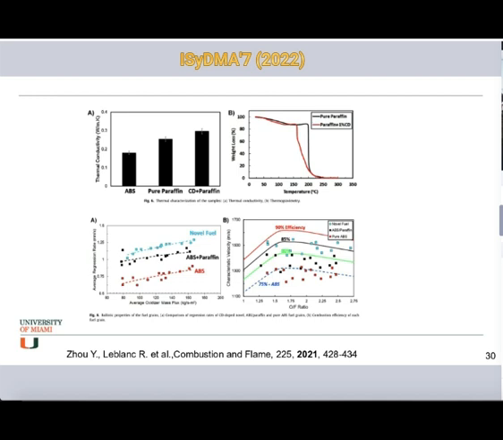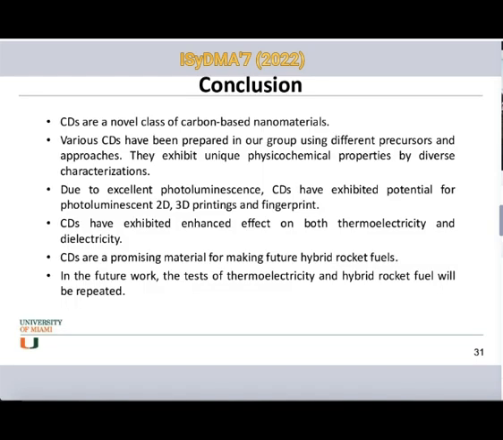And finally, the conclusion is linked to the following points. The carbon dust is another class of carbon-based nanomaterial. So we have shown the preparation of different carbon dust with excellent photoluminescence. The carbon dust has exhibited potential for photoluminescence in 2D and 3D printing and also fingerprint detection.